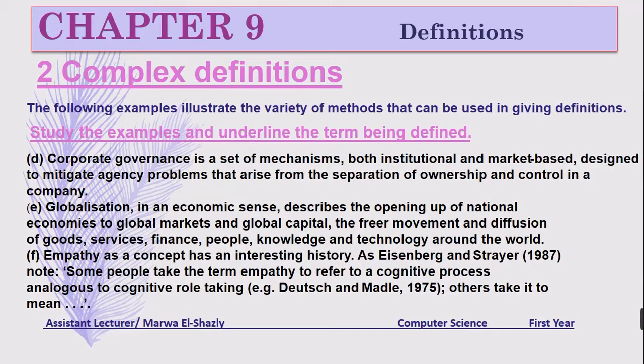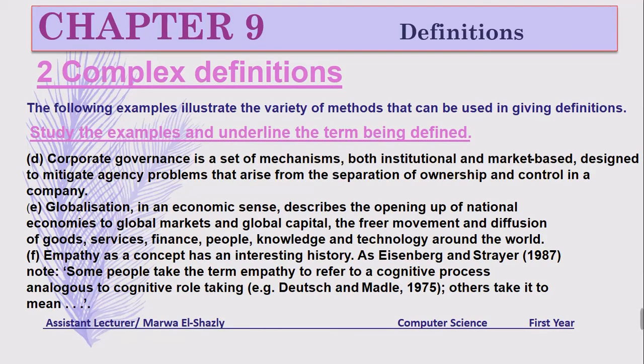Next, D. Corporate governance is a set of mechanisms, both institutional and market-based, designed to mitigate agency problems that arise from the separation of ownership and control in a company.